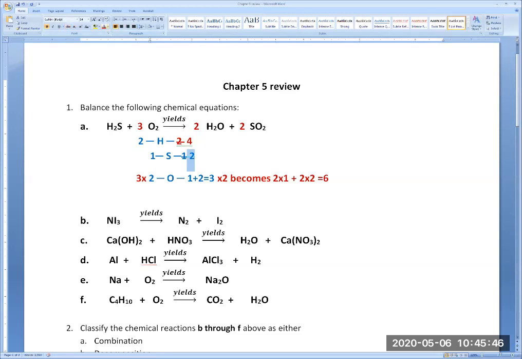Maybe I should choose a different color for that. Let's make it 2 here and 4 there. Okay? So now we have 4 hydrogens on the right and 2 sulfurs on the right, because we changed the coefficient in front of the 2 molecules. So oxygen is balanced. Here we have 6.